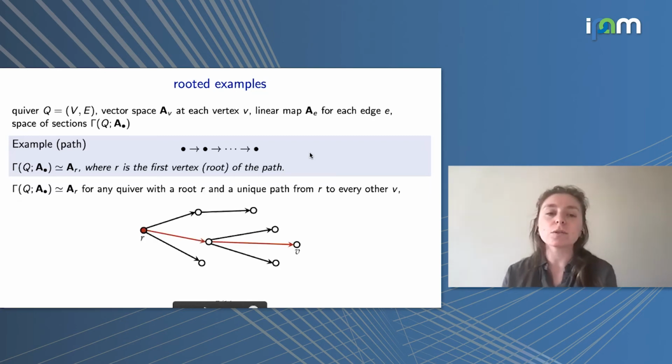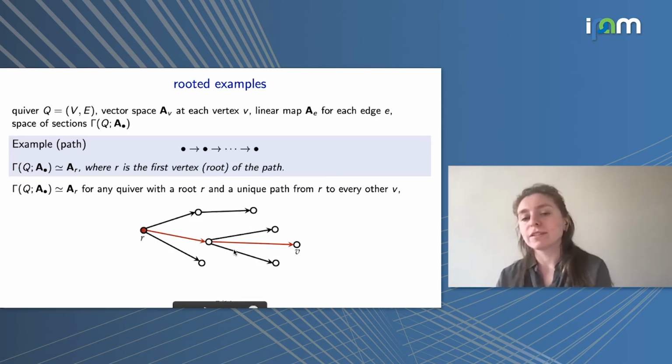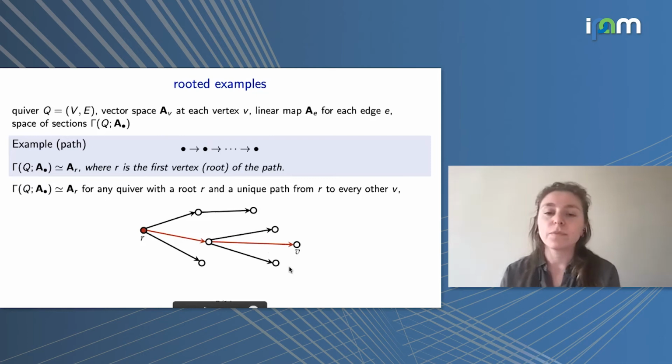And this also holds more generally. So the space of sections will be isomorphic to the vector space at the root for any quiver that has a root and that has a unique path from that root to every other vertex, just by repeating the same argument here, that we start with the root and then we percolate our section to get to whatever vertex we are interested in.